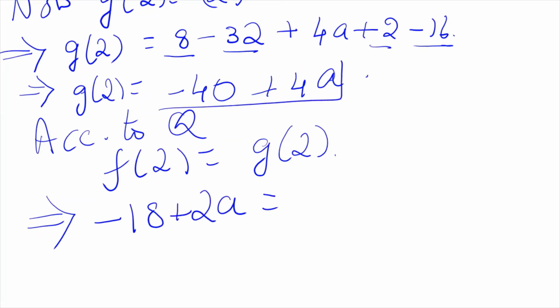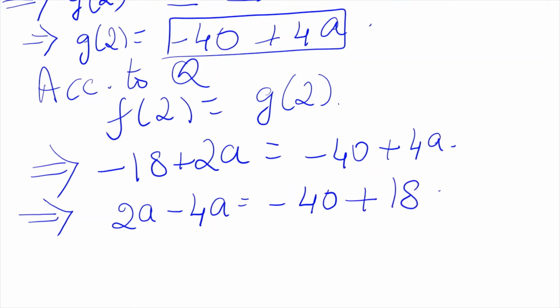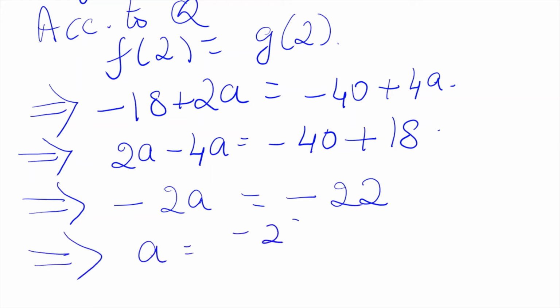And g of 2 is this one, minus 40 plus 4a. So this implies 2a minus 4a is equal to minus 40 plus 18. So minus 2a is equal to minus 22. This implies a is equal to minus 22 upon minus 2, that is 11.